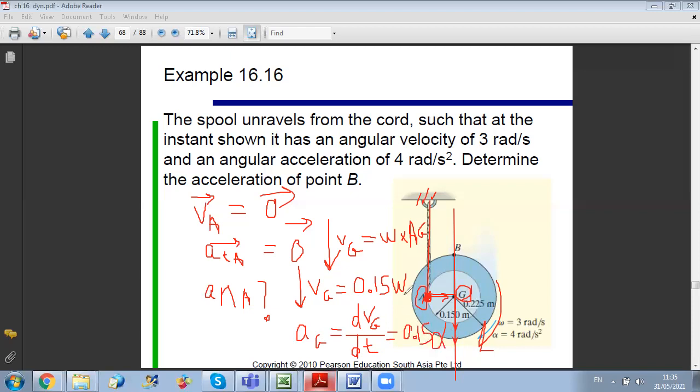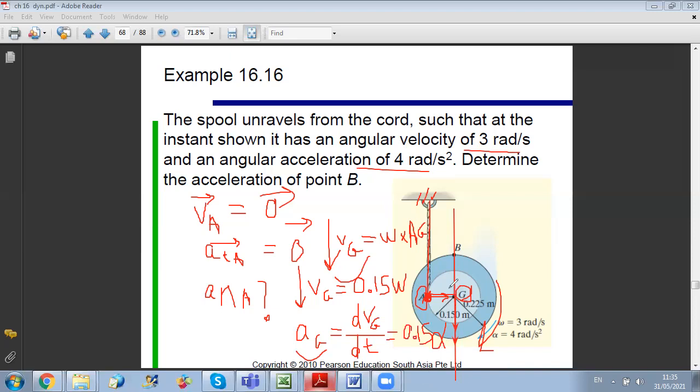These two relations are valid at any point. In particular, at the instant shown, they gave us that omega is 3 and alpha is 4. So we know VG at this instant and we know AG at this instant. Concerning the direction, the sense, you can know it from the right-hand rule. Look, omega and alpha are clockwise.